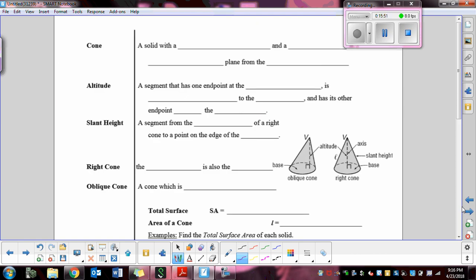All right, guys. One more. Okay, so now our last one is a cone. A cone is a solid with a circular base and a vertex in a different plane, of course, from the base.